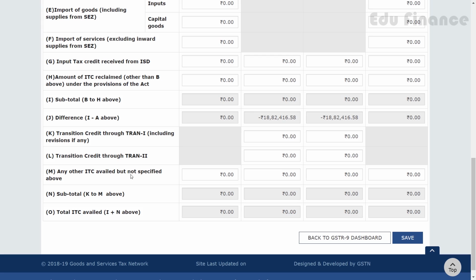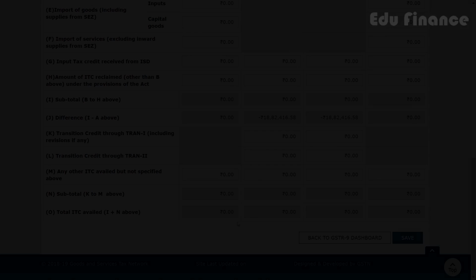Then in table 6M, enter the details of ITC availed but not covered elsewhere, like ITC on account of sale, merger, demerger, amalgamation, transfer of business, etc. Now in table 6O, we will get the total ITC availed during the financial year.